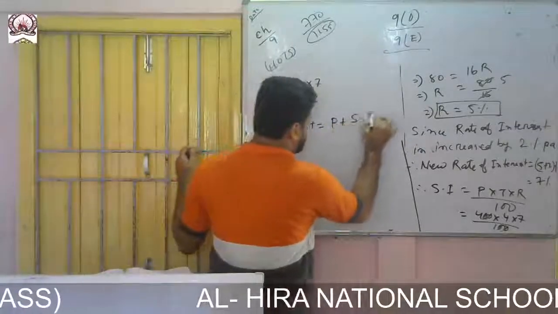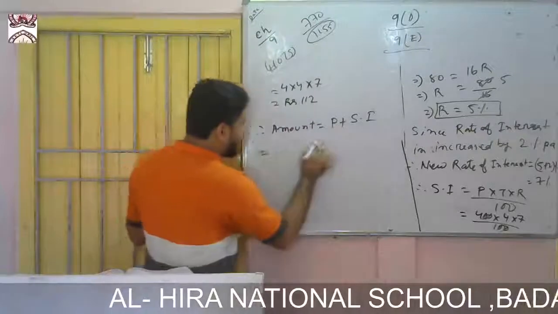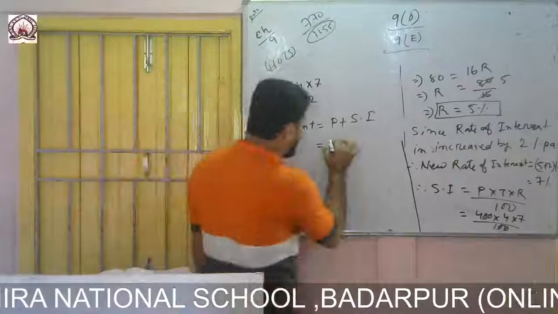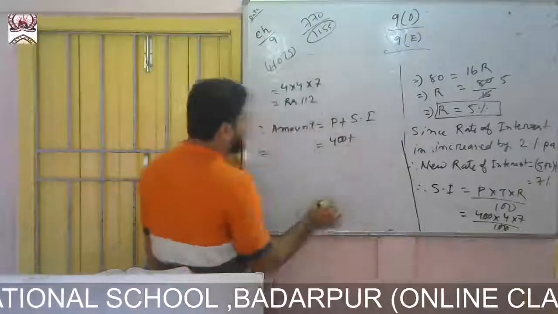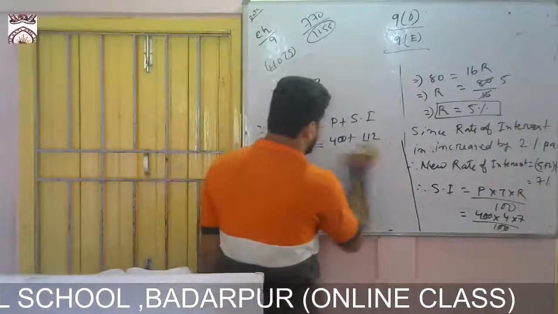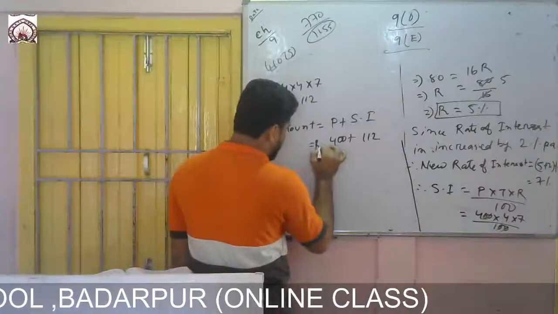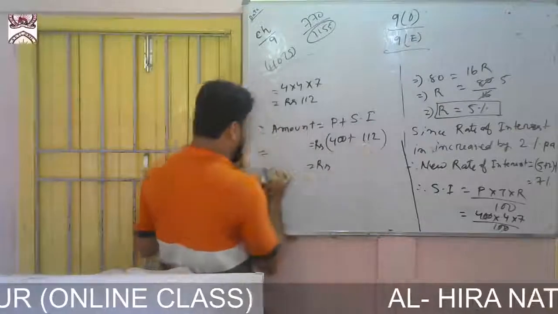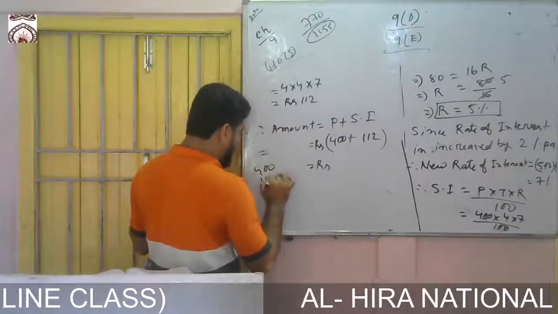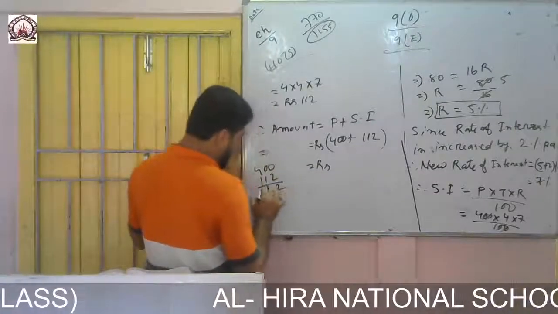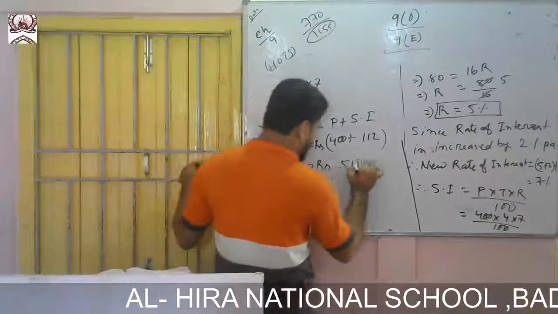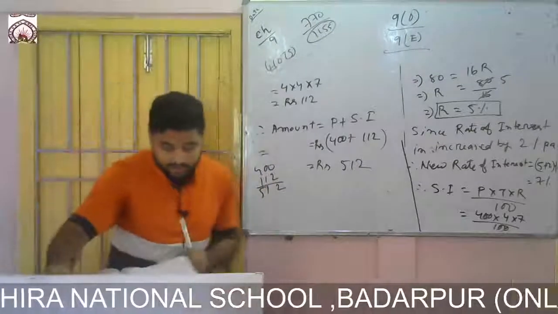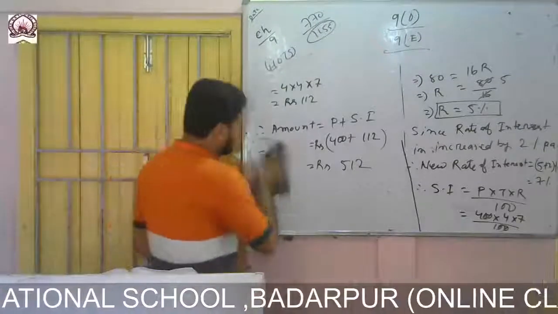P we got earlier as 400, and SI we just found as 112. Now rupees 400 plus 112 is rupees 512. So that is the required answer.